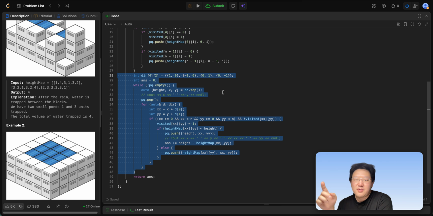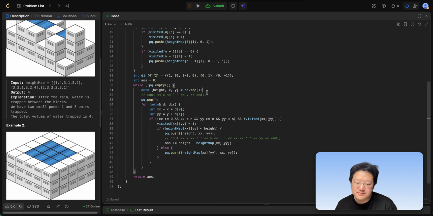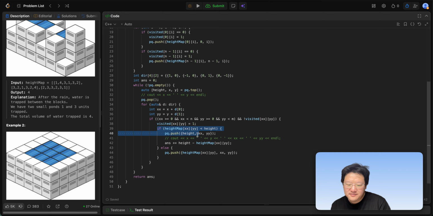This is the key part of the program. In each step, we pop the smallest cell and check 4 neighbors. For a shorter neighbor, add the difference to the answer.